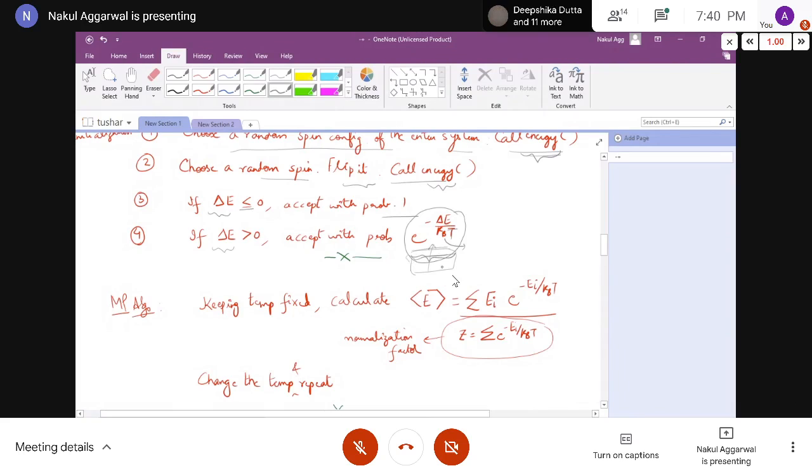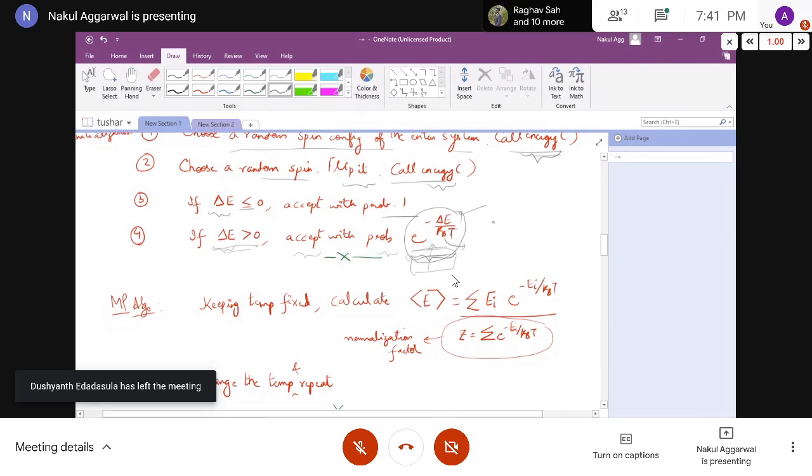But I will discuss all these factors, like what will happen if you increase the delta E, decrease T, how does probability change with those changes in these two parameters. But for now, you see that you accept the bad state with certain probability. What do I mean by accept here? So if delta E is greater than 0, you calculate this factor.